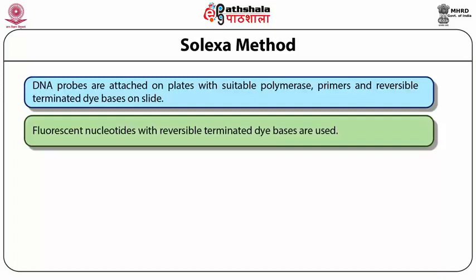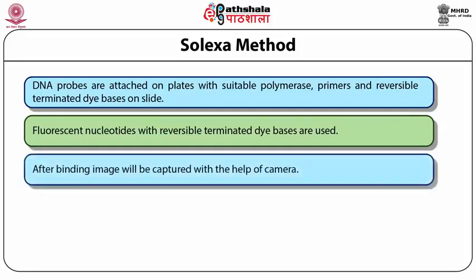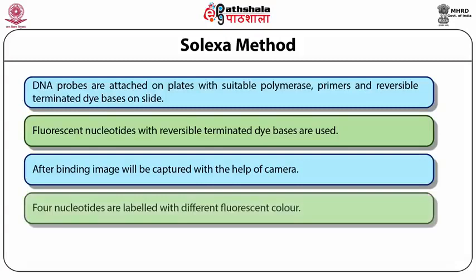The fluorescent nucleotides with reversible terminated dye are used. After binding, the image will be captured with the help of a camera, and then the dye will be removed from that site. Four nucleotides are labeled with different fluorescent colors.